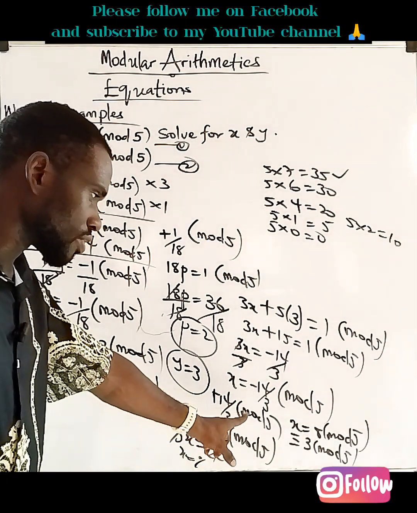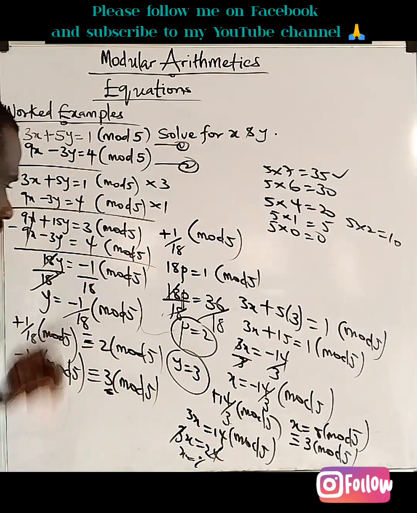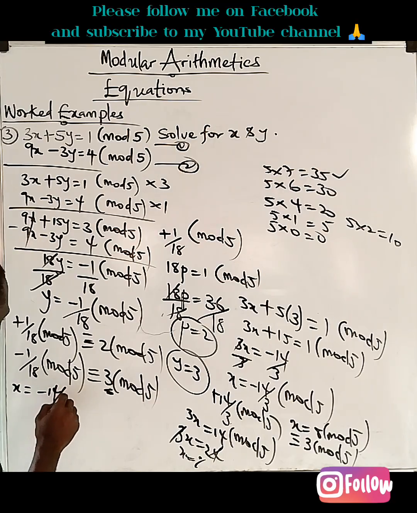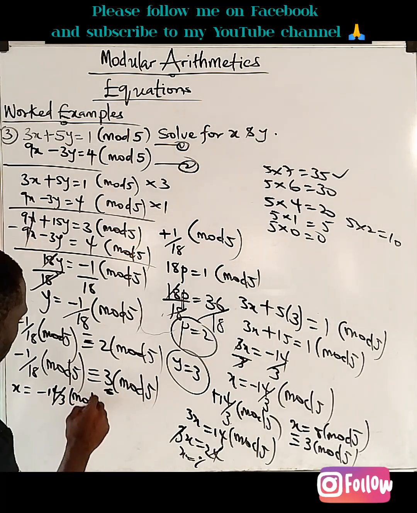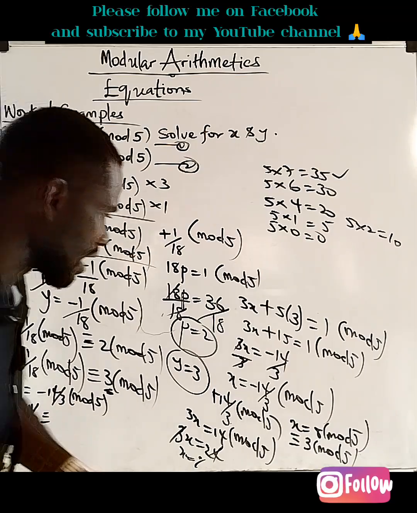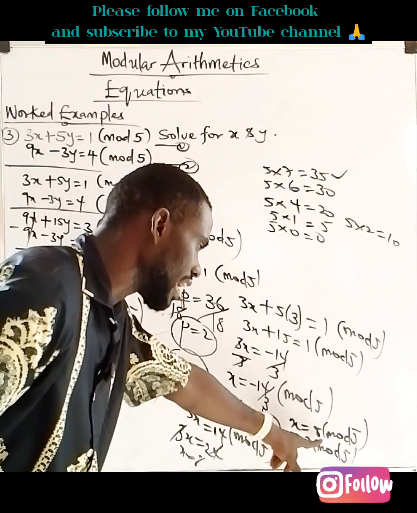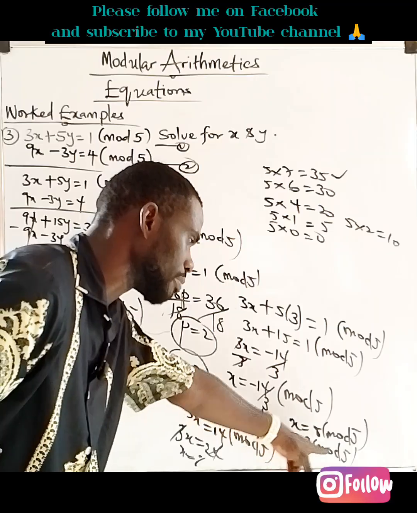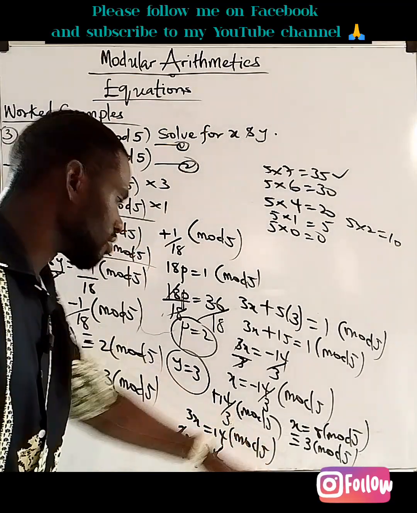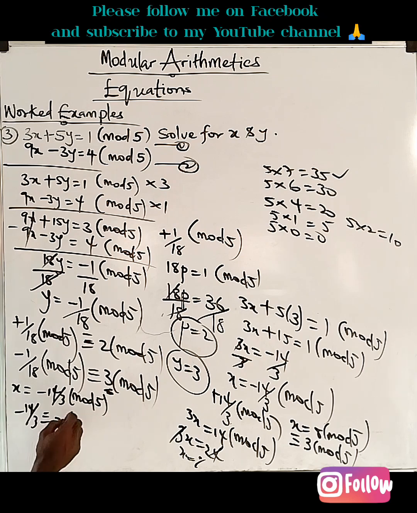So the x here, 8 modulo 5, we reduce it to the standard 3 modulo 5. That's positive 14 over 3. So negative 14 over 3 will give us 5 minus 3, which is 2. That's 2 modulo 5, our final result.